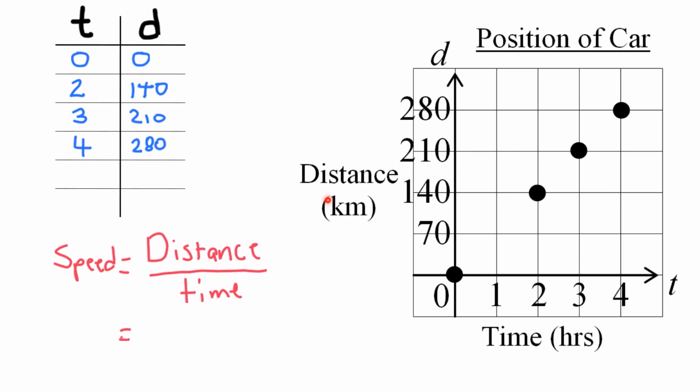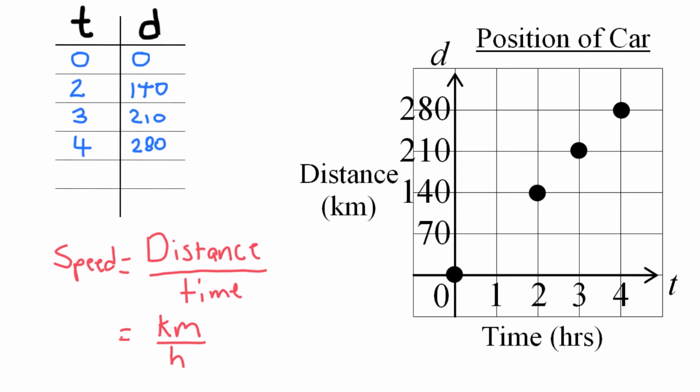The units for distance is kilometers, and the units for time is hours. So instead of distance divided by time, let's think of it as kilometers divided by hours. Another way of saying that is kilometers per hour.